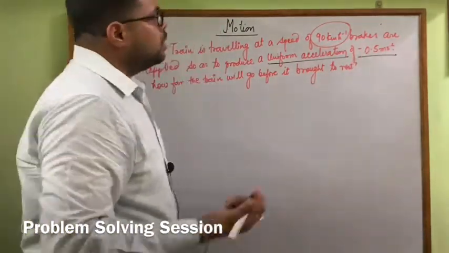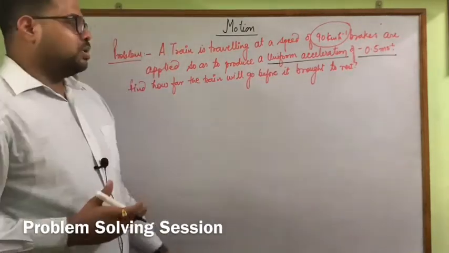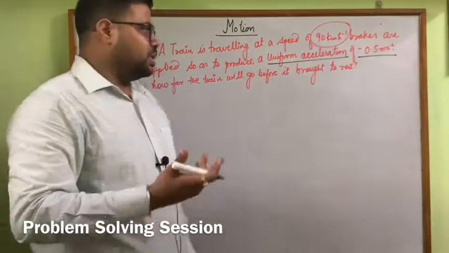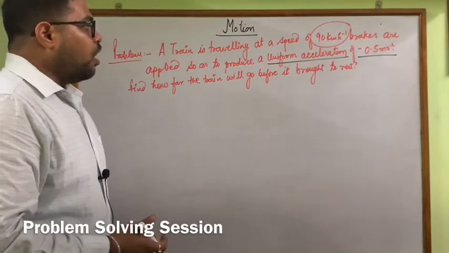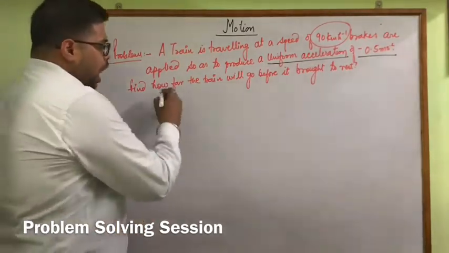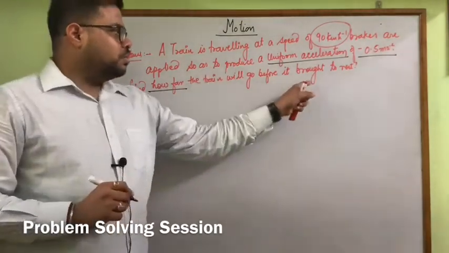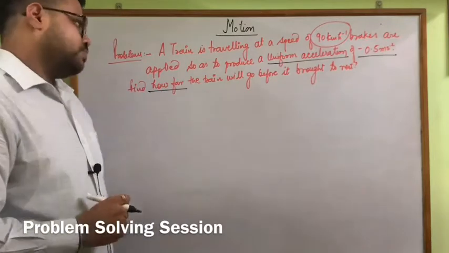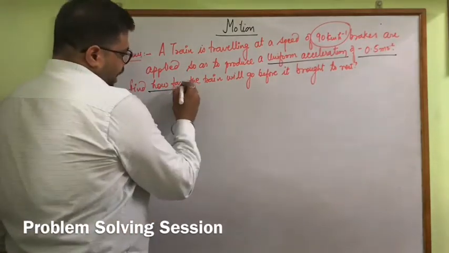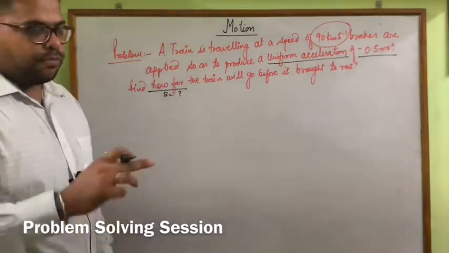No worry, we can take it as acceleration by name, but here we take a as 0.5 meter per second squared. Find out how far the train will go before it is brought to rest. So here we have to find the distance traveled after the brake is applied.